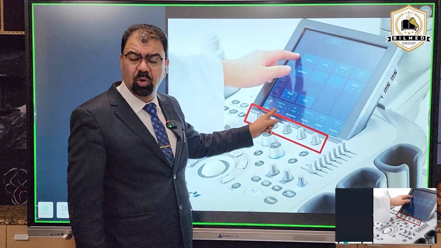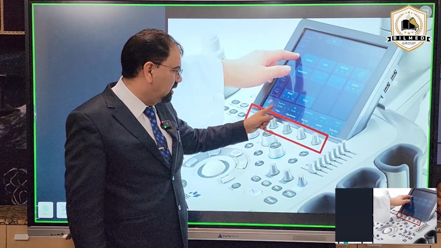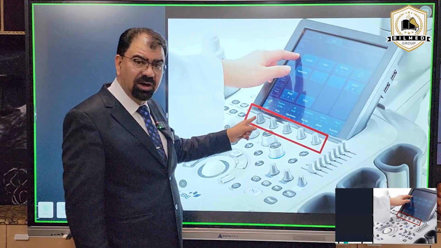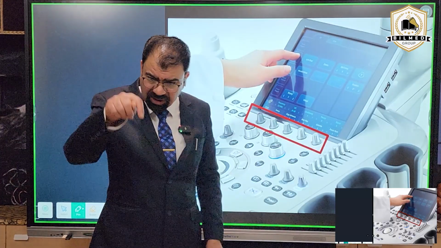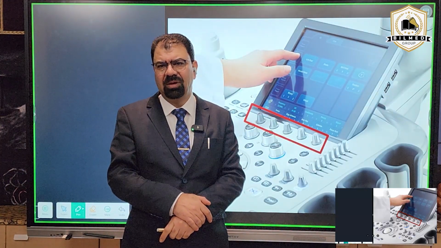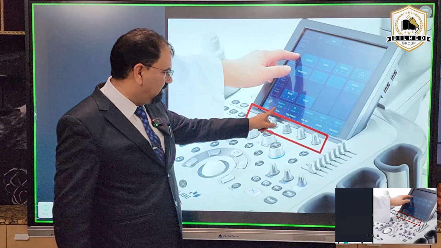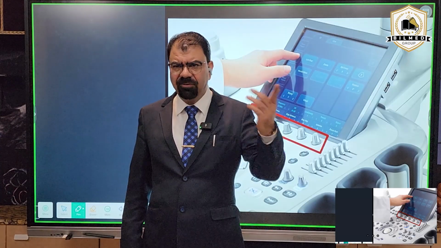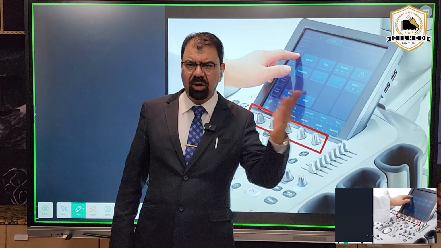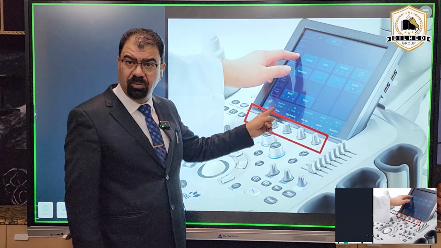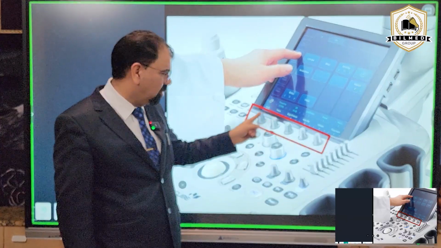These dialog boxes will show you the function of the knob for that particular point of time. The dialog box function will keep on changing when you are switching from color to power, power to color, from gray to power, and the dialog box only will tell you what these knobs are for.